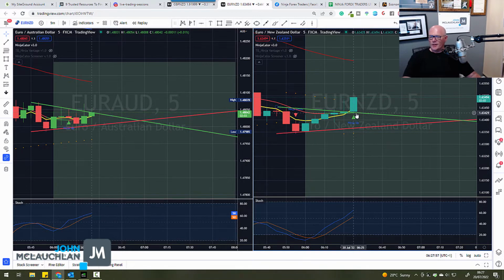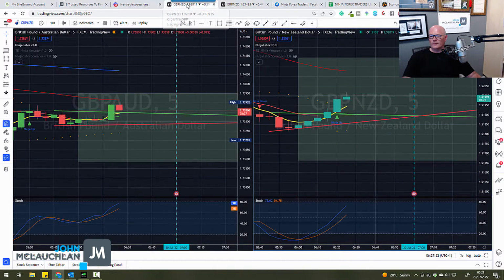If it's touching the trend line, or if it's dragging its feet like this, so it's started there and now it's there, even though it's above the trend line, I still like to see clear air from there. All right, clear air above the trend line, so like this, it's clear air.